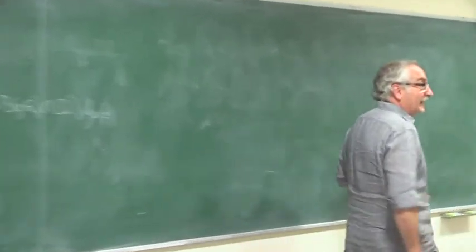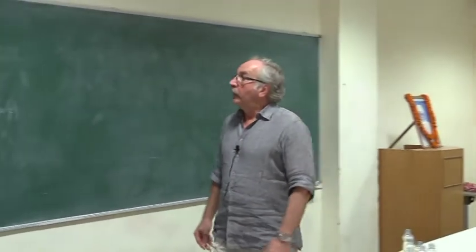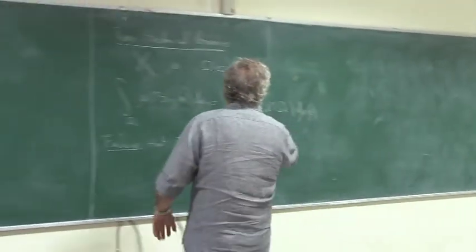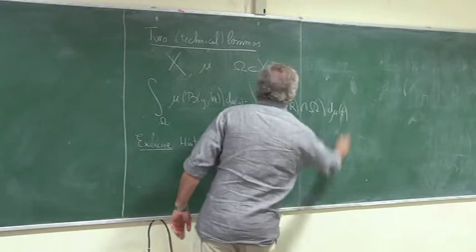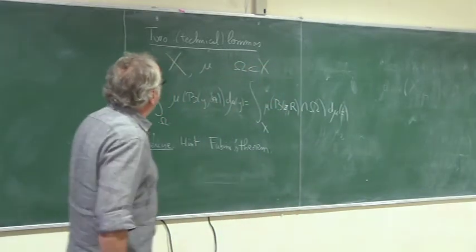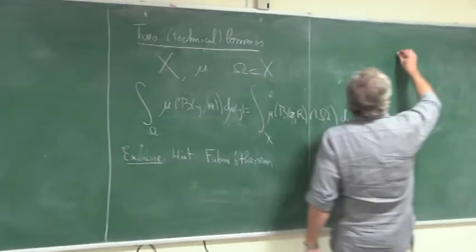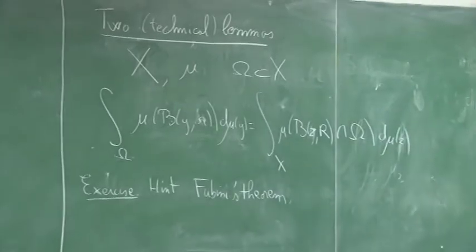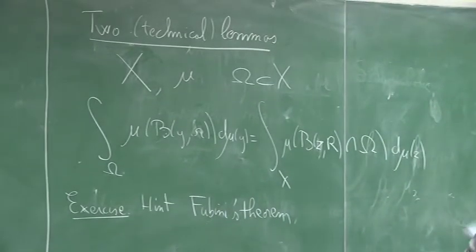And we use here the symmetry of the distance. I say this because some people in this room do not like symmetric distances, but here we need it. So this is Z, and this is Z. Right? So this is Fubini.